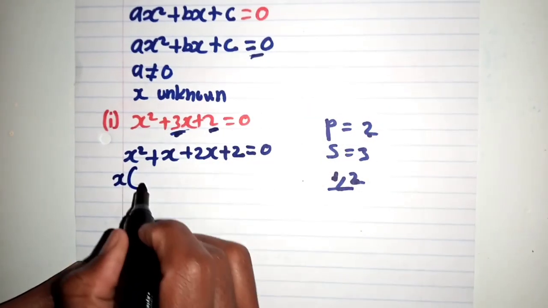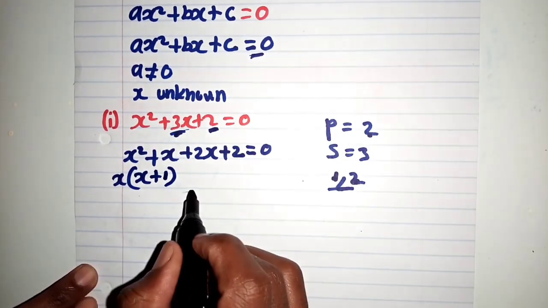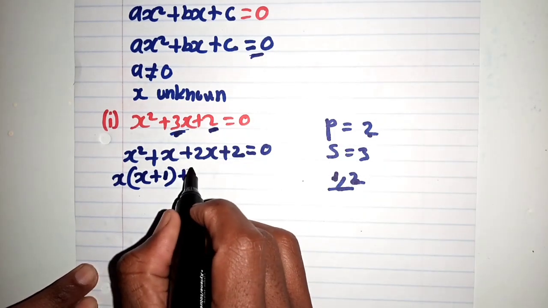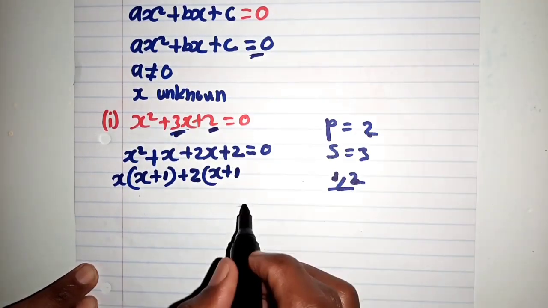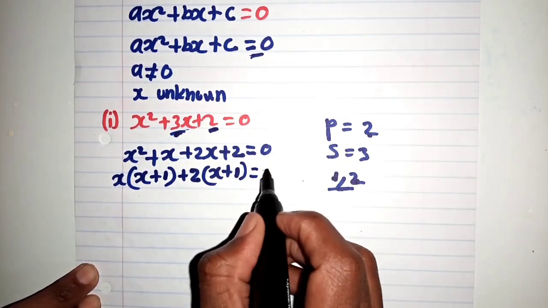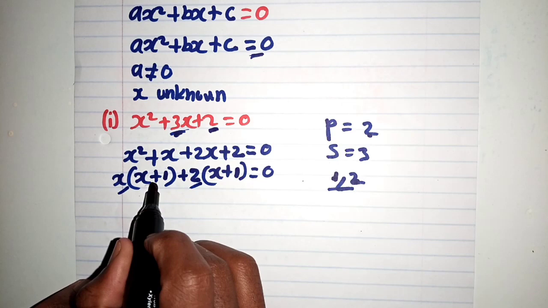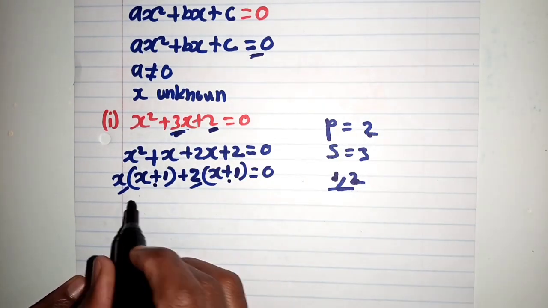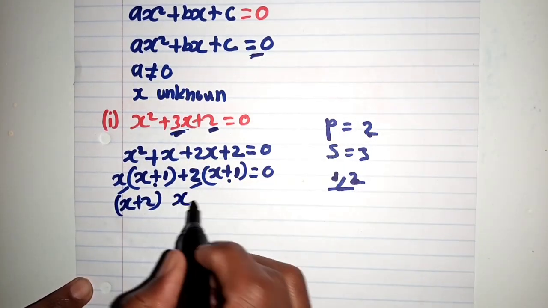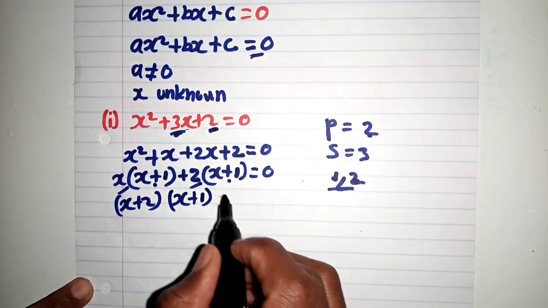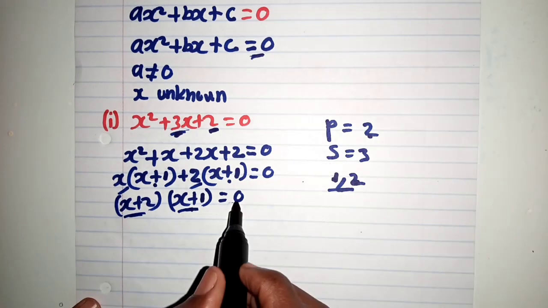So we will have x into bracket x plus 1, close the bracket, plus 2 into bracket x plus 1, like that. Then you close the bracket, is equals to 0. So we are going to pick this one here and this one, and then either of these because they are the same. So we are going to have x plus 2, like that, then x plus 1 is equals to 0. So it means either this one or this one is 0.